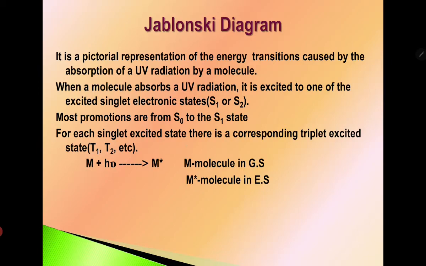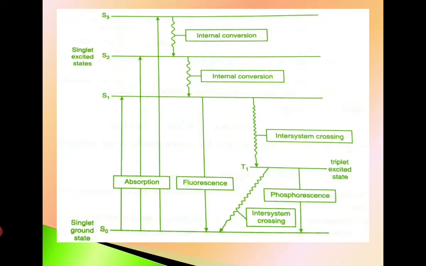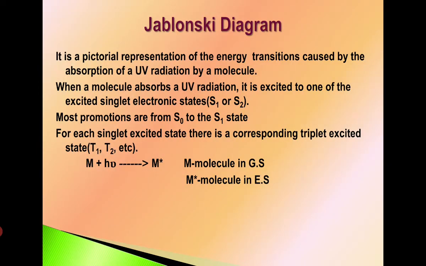For each singlet excited state, there is a corresponding triplet excited state. Before going into this topic, let us first see what these singlet electronic states are, and what this triplet excited state is.